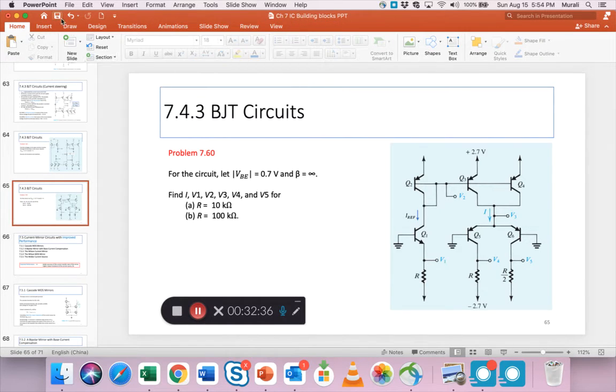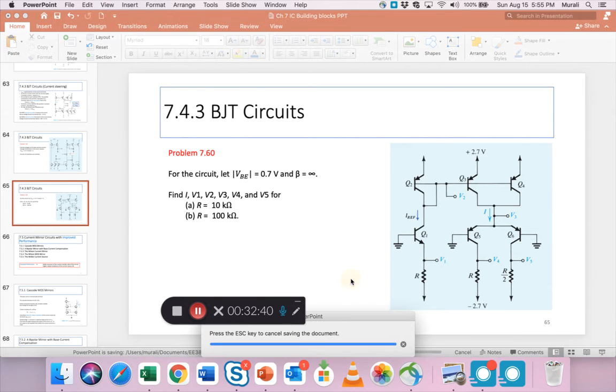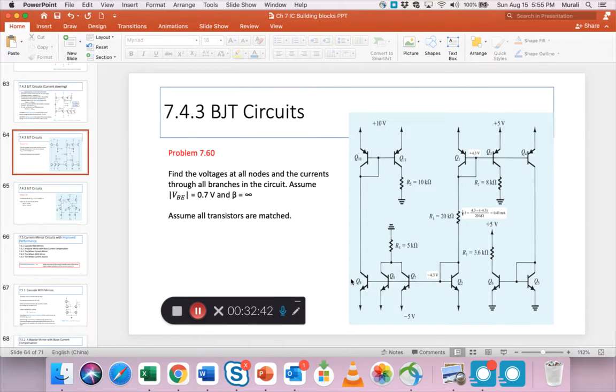Okay. So let's look at these two current steering problems. This looks like a complex circuit, no doubt, right?